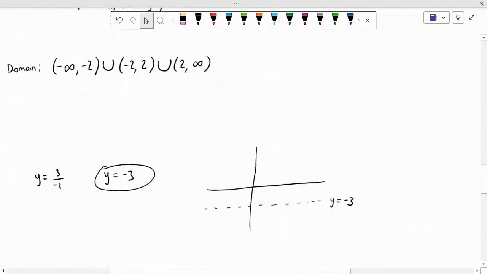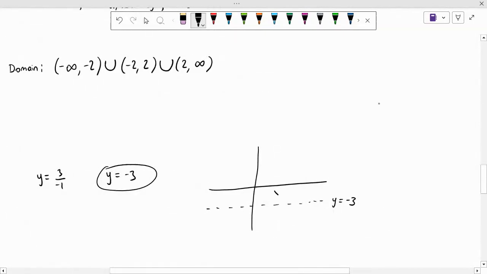At some point, its graph will do something like this, where it's just going to get closer and closer to this line y equals -3, but it's never actually going to cross it. It just keeps getting closer and closer like this.